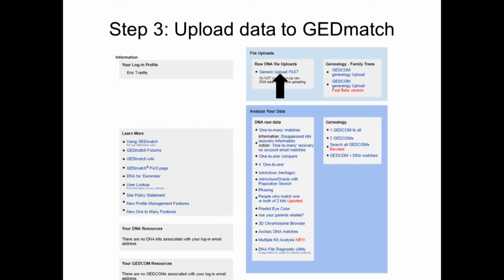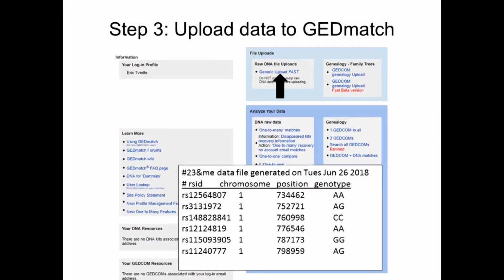Here's the link that you would click to upload your own DNA, and here's what the file looks like. The reason that I show this is just to demonstrate its simplicity. There are 4 columns: the unique variant ID, the chromosome on which that variant is located, the chromosomal position, and the genotype information at each variant position.